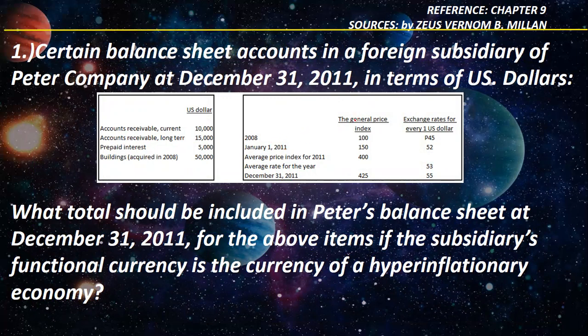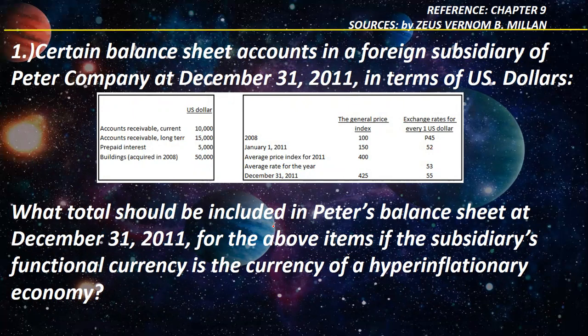We have additional information, the general price index, which is necessary for our computation of restatement, and the peso exchange rate for every one US dollar. For 2008, we have 100 in the GPI. January 1, 2011, we have 150 GPI. The average price index for 2011 is 400, and the average exchange rate for the year is 53. The GPI as of December 31, 2011 is 425.